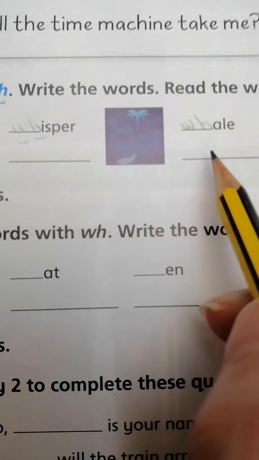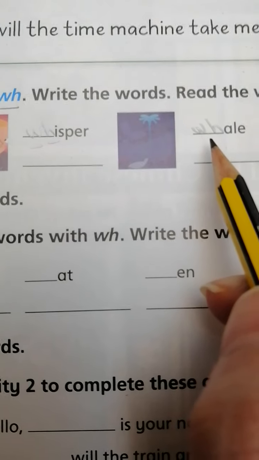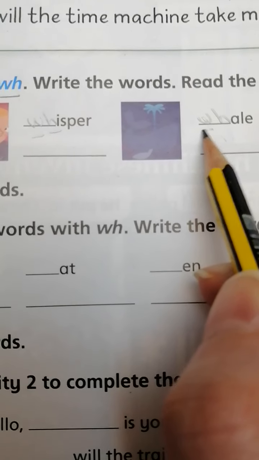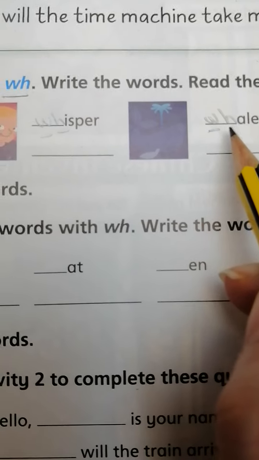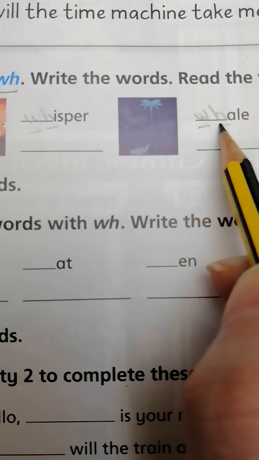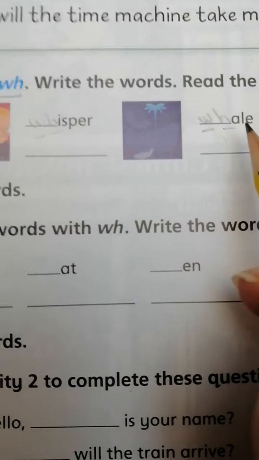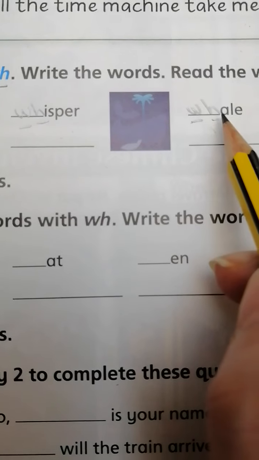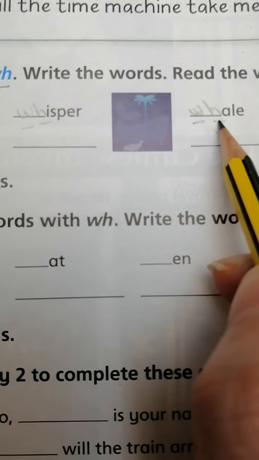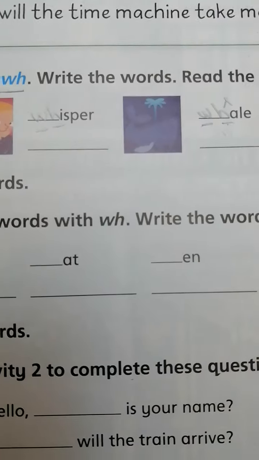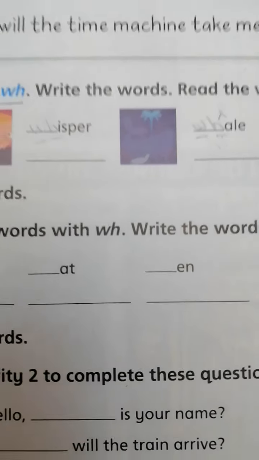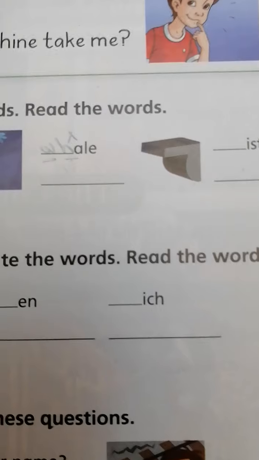Can you notice here that we pronounce the letter W, but we don't pronounce the letter H? We don't hear the sound of the letter H because it is silent. Let's go to the fourth picture.